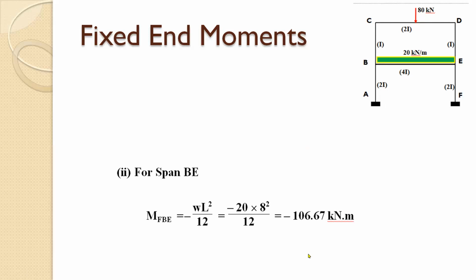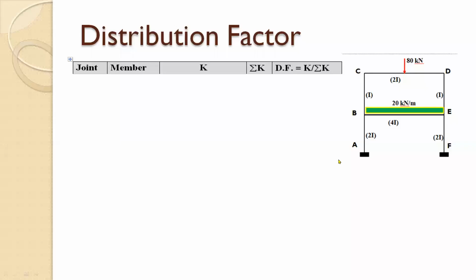After that, the second step is to calculate the distribution factor. As you know, we calculate the distribution factor in tabular form: joints, members, K meaning relative stiffness, summation K, and the distribution factor, which is the ratio of K upon summation K. Now this is the given frame, and we are considering only the left part of this frame.